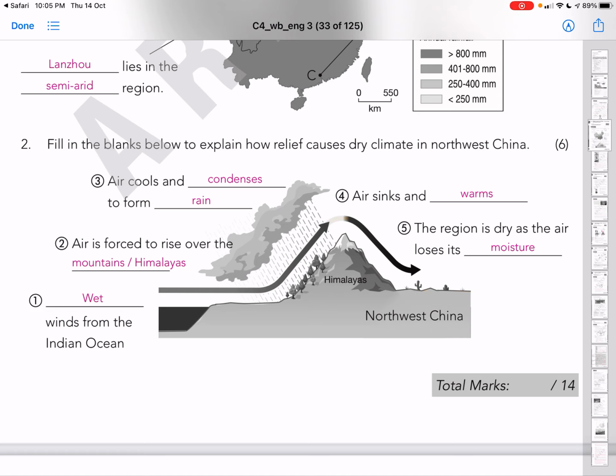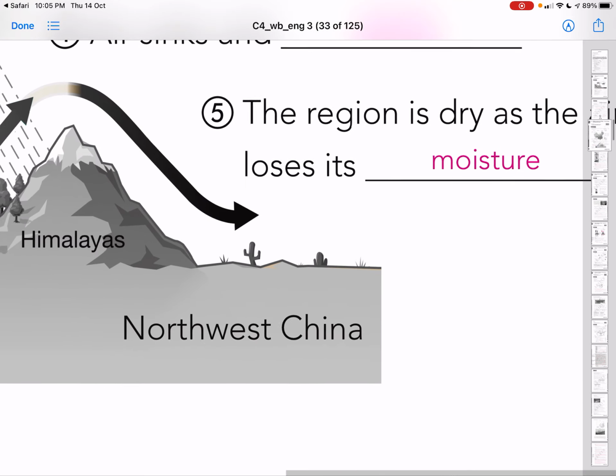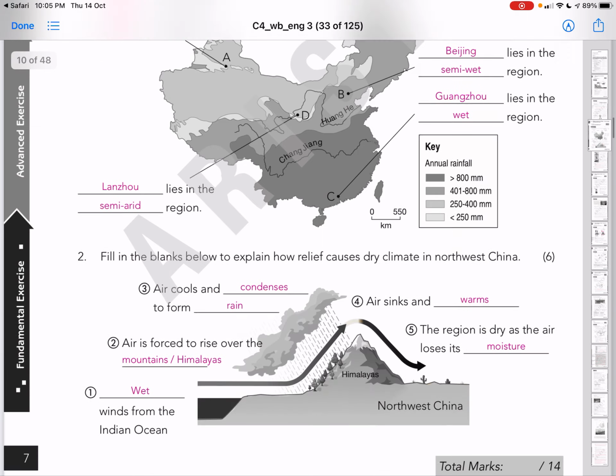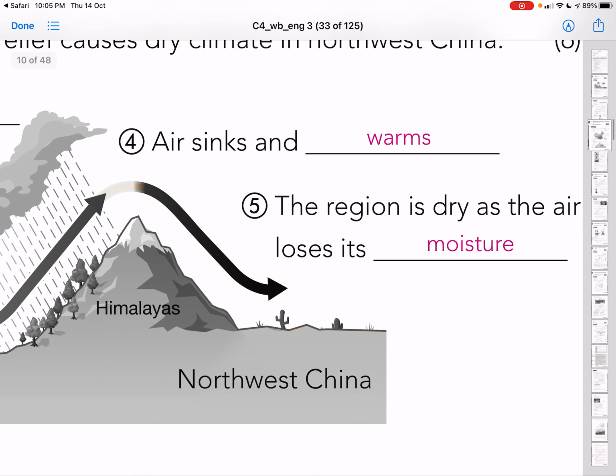Okay, air cools and condenses to form rain, and then the air will sink and warm after it has passed through the Himalayas. The general situation of northwest China, which is right here, is dry because it mostly suffers from the dry wind after the relief rain.